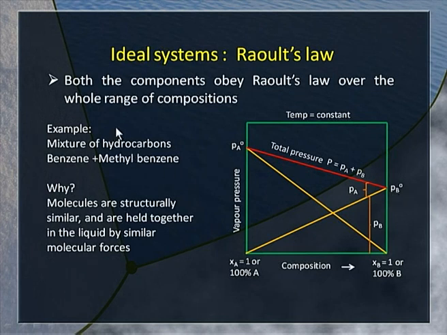The example that we have for ideal systems is a mixture of hydrocarbons like benzene and methyl benzene. The very fact that both are hydrocarbons, that means their molecules are structurally similar and are held together by the similar forces in the liquid state.